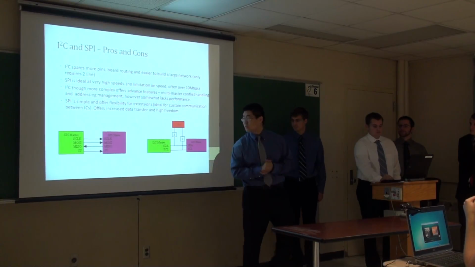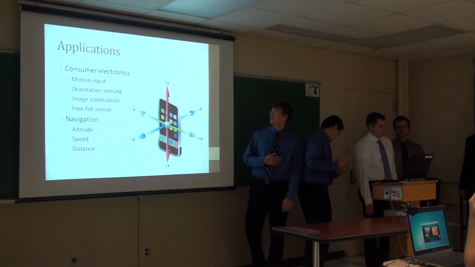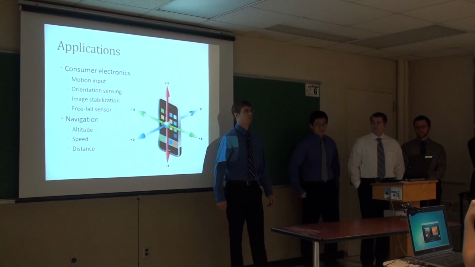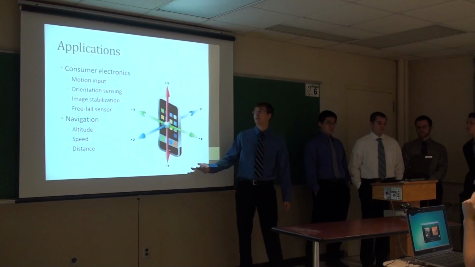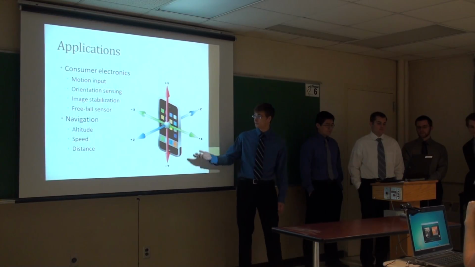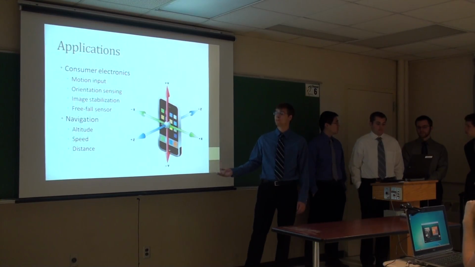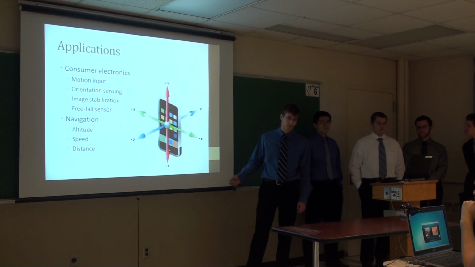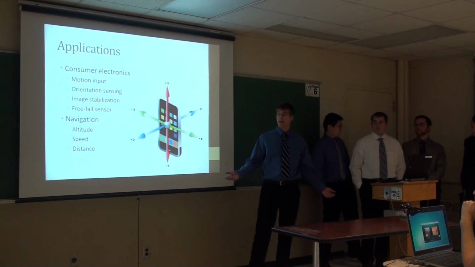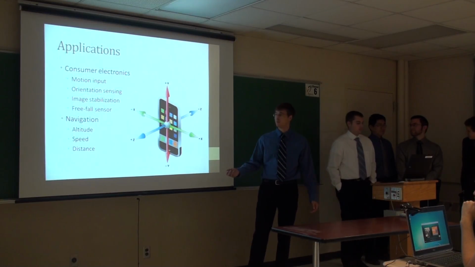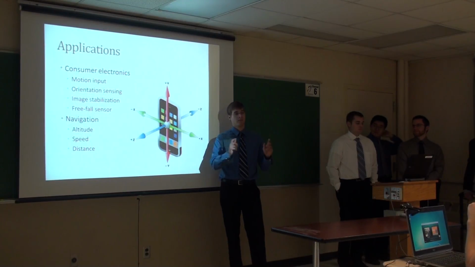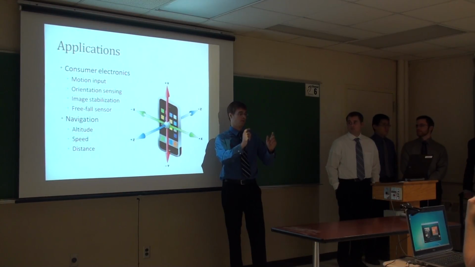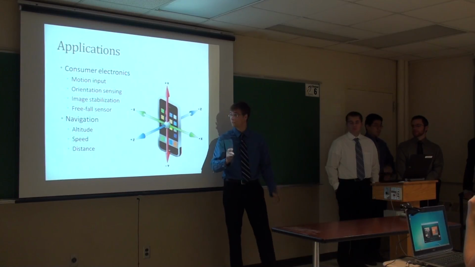We'll talk about applications. Thank you, Xiao. My name is Frank, and I'll quickly go over some applications that accelerometers are used in. A big one is consumer electronics, because it's very good at detecting changes in motion and orientation, and that's critical for things like iPads, tablets, even Wiimotes. It's also used in cameras to stabilize your pictures, so it can compensate for the movement of your hands.